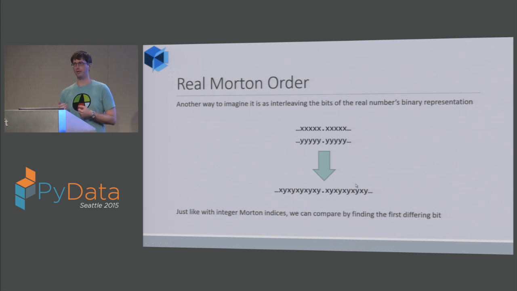If you think about how you might compare two numbers made of an infinite sequence of bits, you find the first bit that's different, and that determines the ordering. That works just fine here. You interleave the bits and you get the right properties.